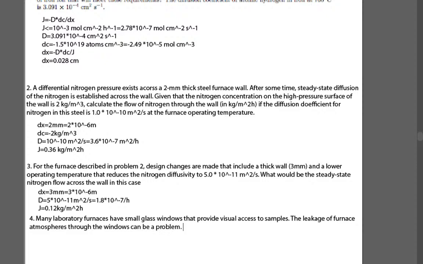Consider a 3 millimeter window of vitreous silica in a furnace containing an inert helium atmosphere.